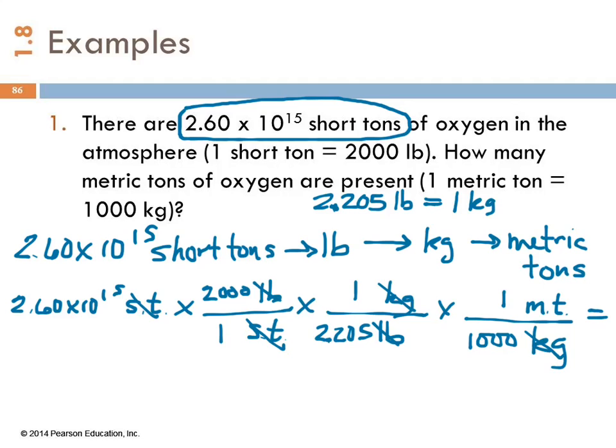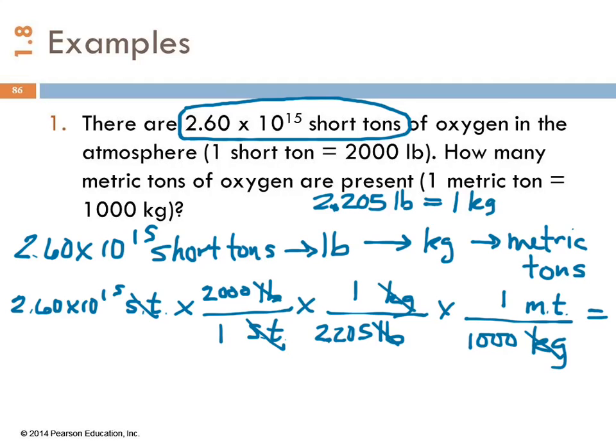It's good to be systematic about punching this through in your calculator. I recommend that you start at the left and go to the right, just like when we're reading, and go top and bottom, top and bottom, top and bottom. So 2.6 EE15 times 2,000, you can divide by 1 if it makes you feel better, and you can multiply by 1 if it makes you feel better. Divided by 2.205, times 1 if you want to, divided by 1,000.